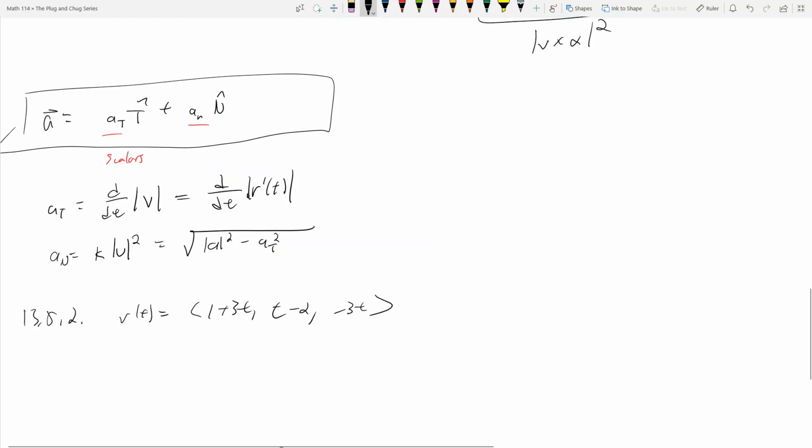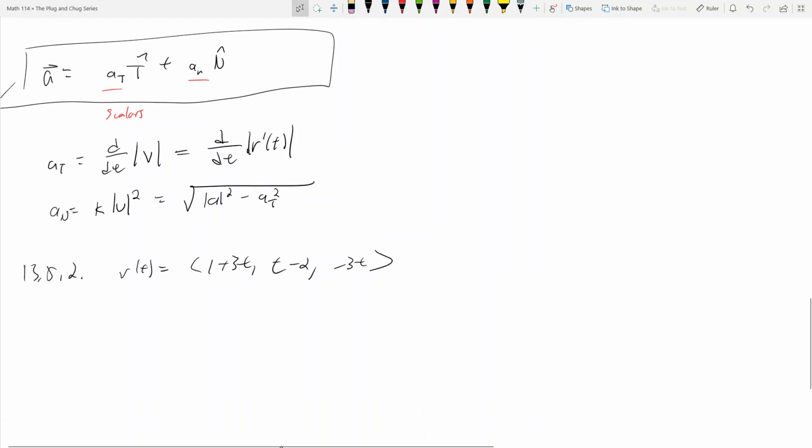Then the next step, it looks like we need to find AT. We need to take the derivative. So r prime of t is going to be 3, 1, negative 3.